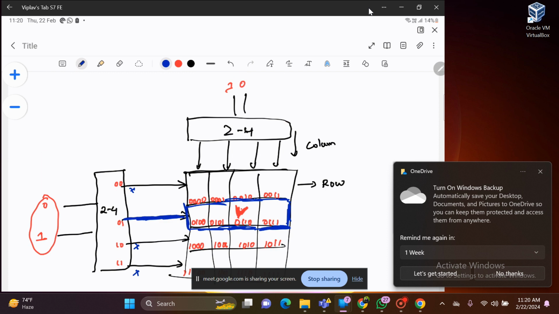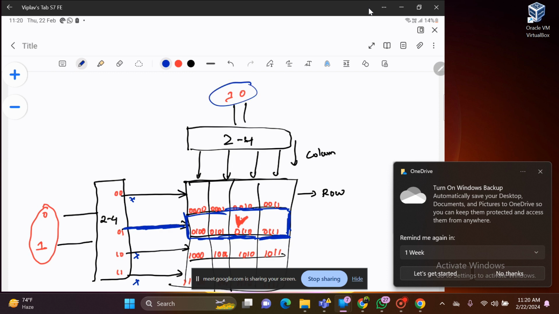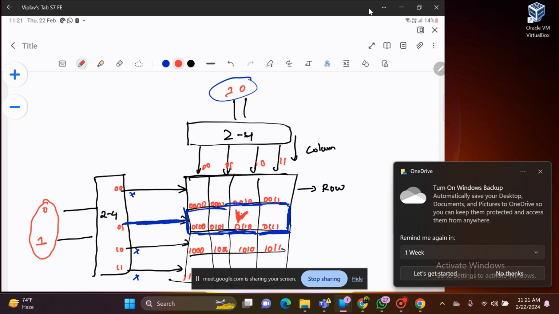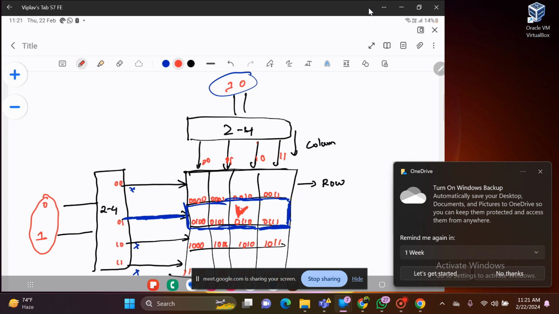Now here I have given 10. Here also the same thing, the pins are 00, 01, 10, 11. Now 10 is given, so this one gets enabled. So now the common block gets enabled and the data is fetched from this address.